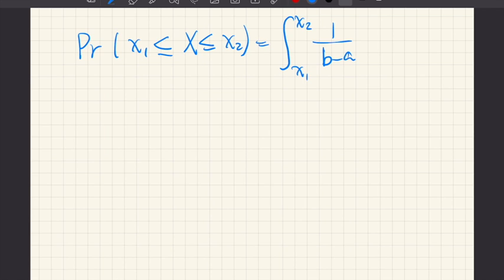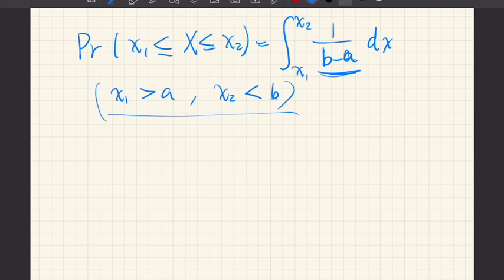We are assuming that x1 is greater than a and x2 is less than b. Otherwise this density function can be 0, right? So we just ignore all those parts and just consider this case. So this integral will give you the probability.